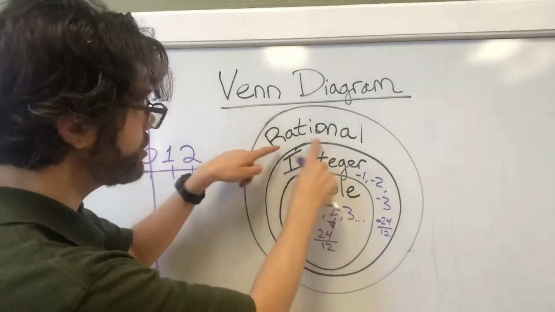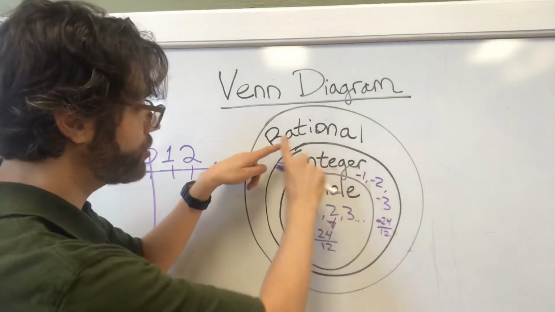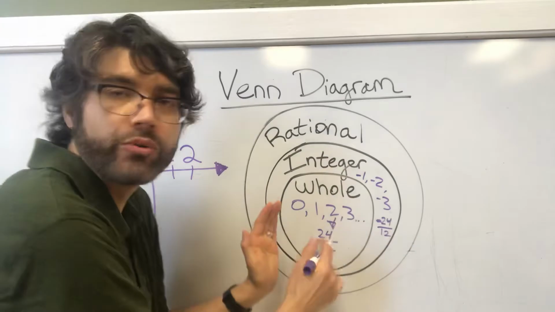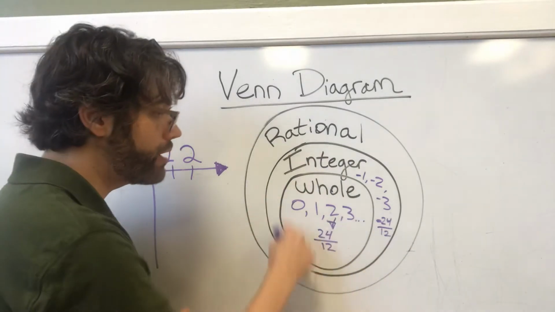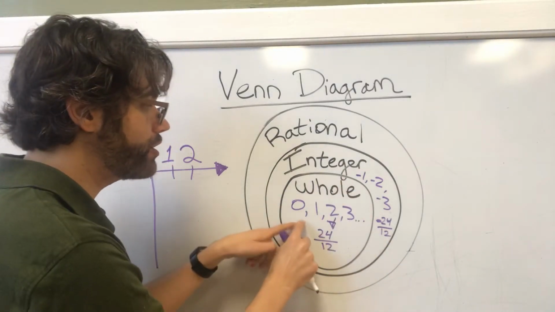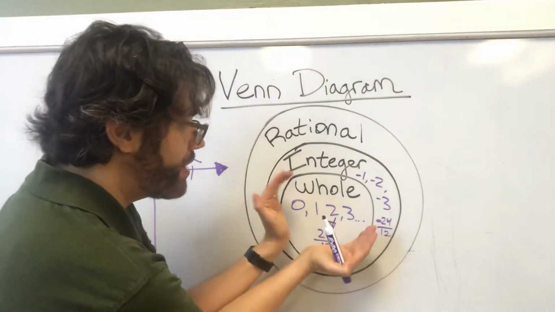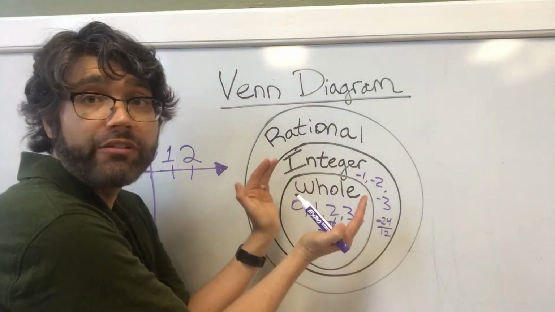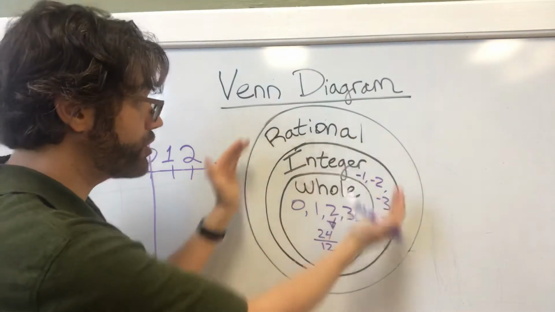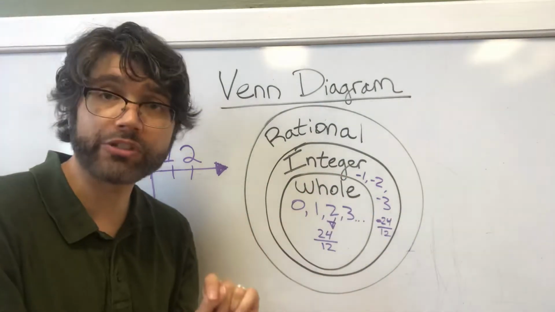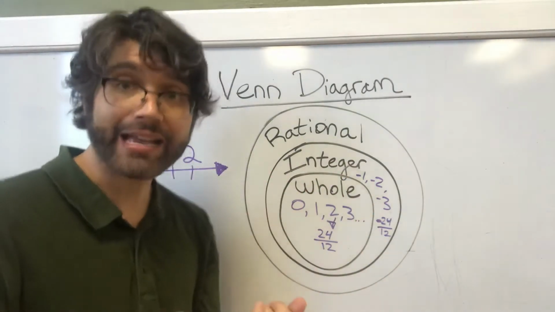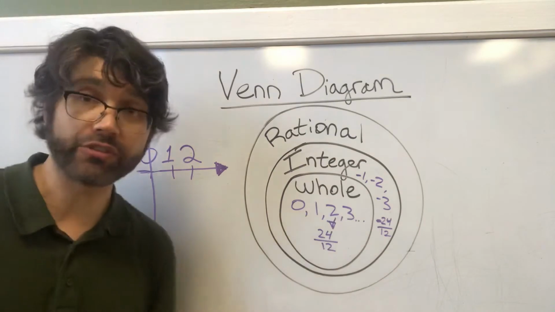So integers, do you see, is a circle that includes whole numbers. Whole numbers are within a subset of integers. So integers includes all of the whole numbers, as well as the opposites of those whole numbers.